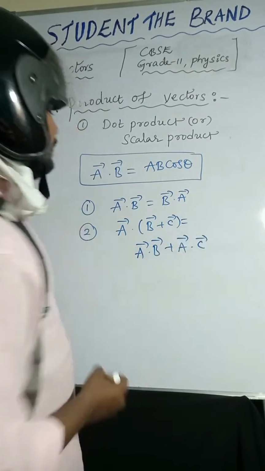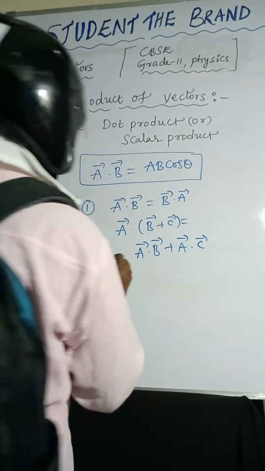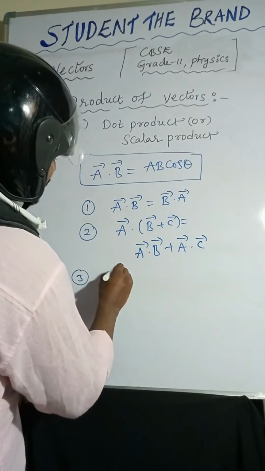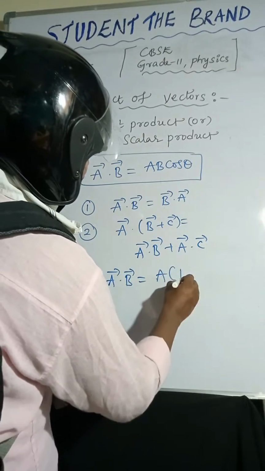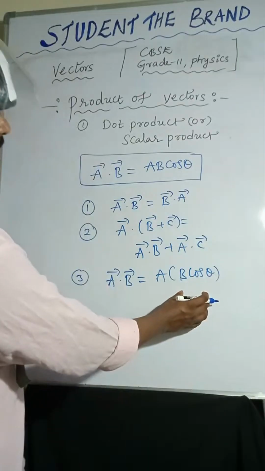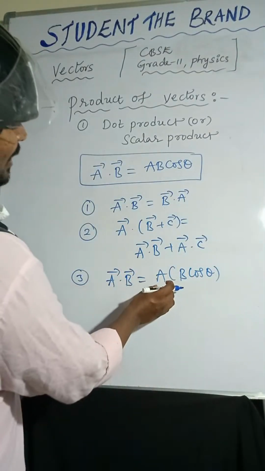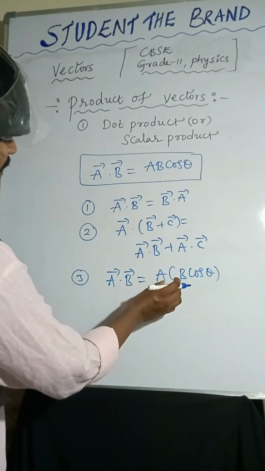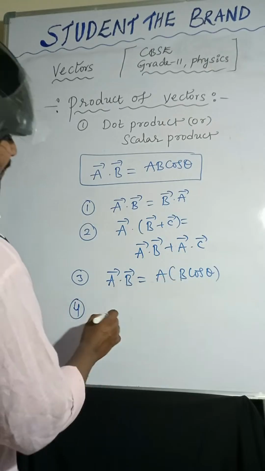If you are taking A bar dot B bar, it is equal to A into B cos theta. So B cos theta is the component of B bar vector along A bar.